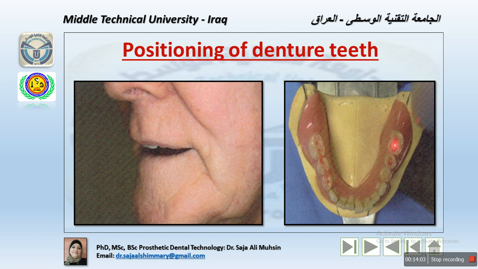Now, the most important thing to focus on is the marking line which bisects the incisive papilla, and this is transferred to the occlusal rim, and then to identify the bisecting line for the right and left side for aesthetic purposes.